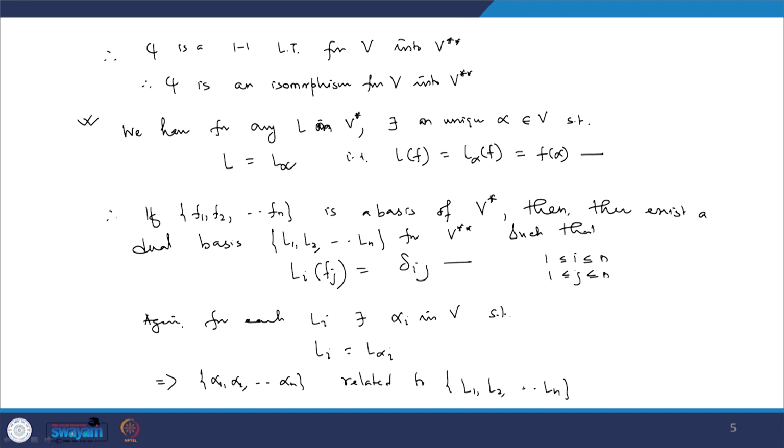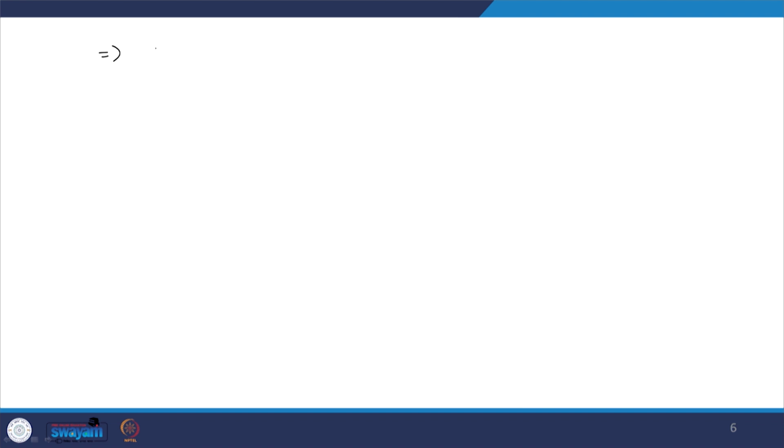Now, if L1, L2, Ln is linearly independent, certainly alpha 1, alpha 2, alpha n will be linearly independent, and that comes straightforwardly because psi is 1 1. So, if suppose L1, L2 are linearly independent and alpha 1, alpha 2 are not independent, meaning they are dependent, you will get a contradiction that psi carries a non-zero vector to 0.